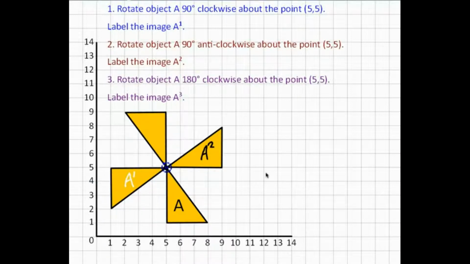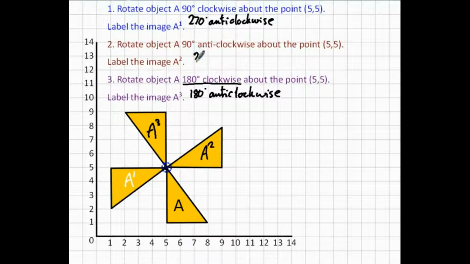There it is. And label it A3. So 180 degrees clockwise is the same as 180 anti-clockwise. 90 degrees clockwise is the same as 270 degrees anti-clockwise, and this is the same as 270 degrees clockwise.